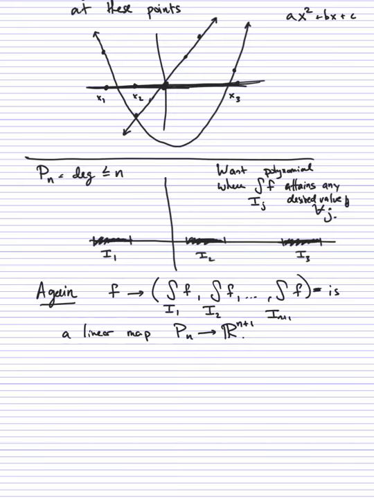All right, what does this mean? Well, again, we're going to claim that the kernel of f is 0. All right, so why is this?